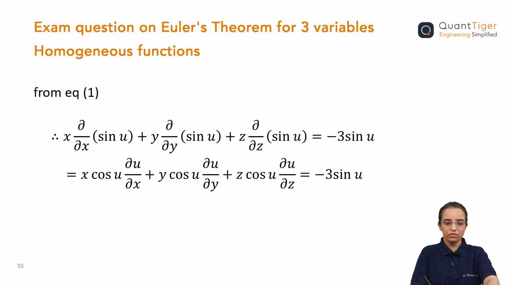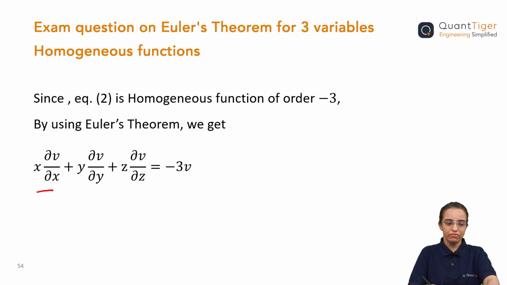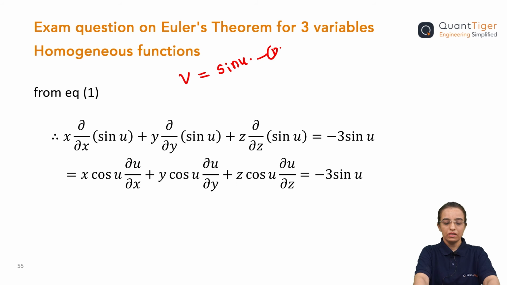We wrote equation 1 as v is equal to sin u. So now in this previous equation, wherever I see v, I can keep the value sin u. So now this equation became something like this. I have kept sin u wherever the v was there.